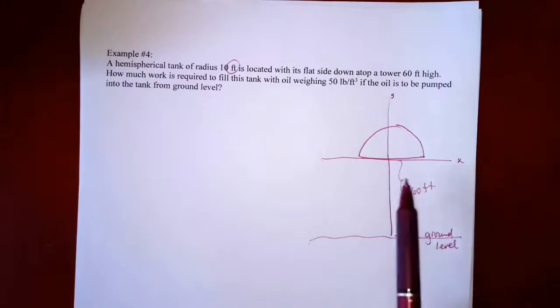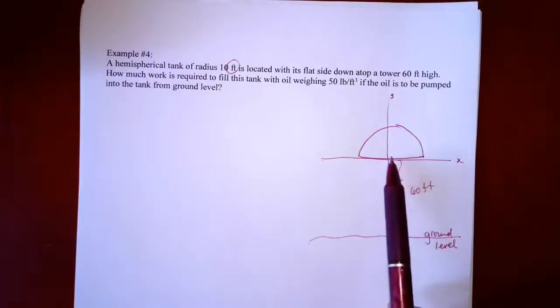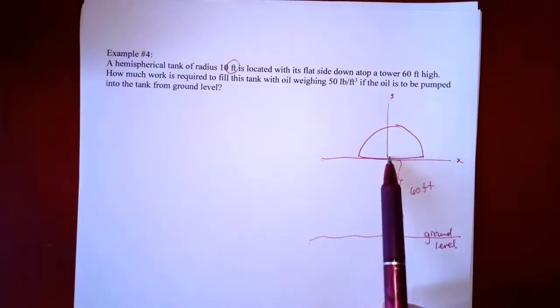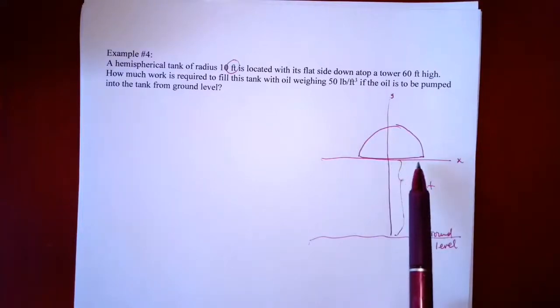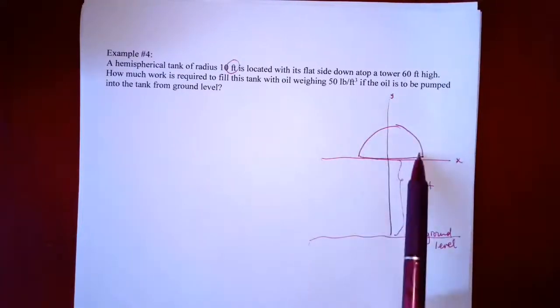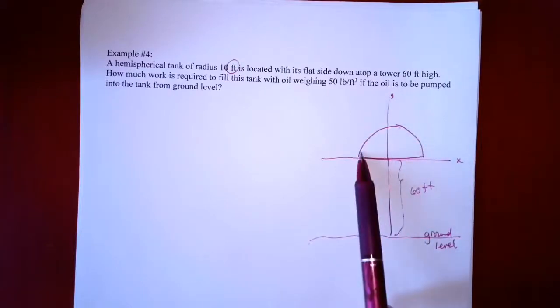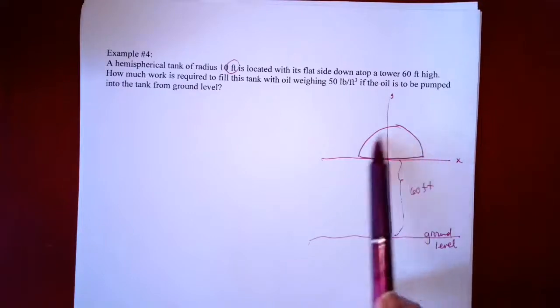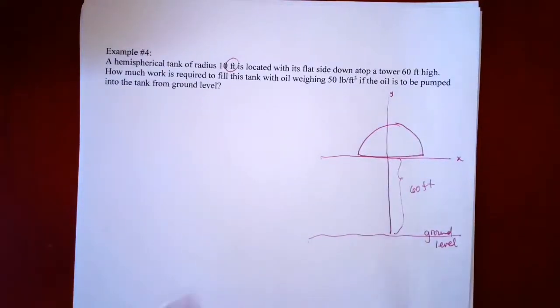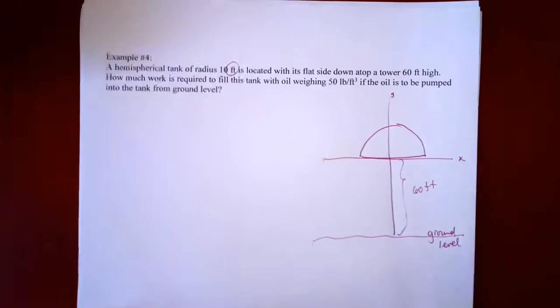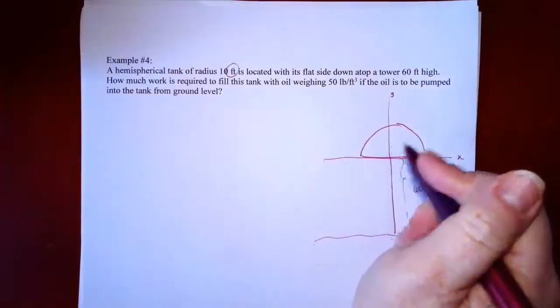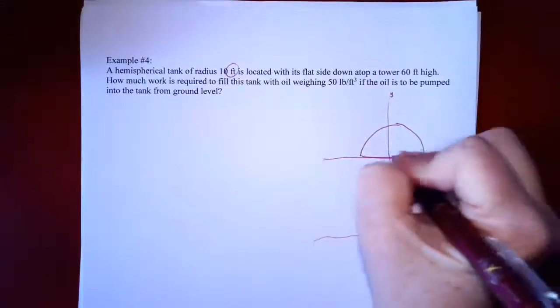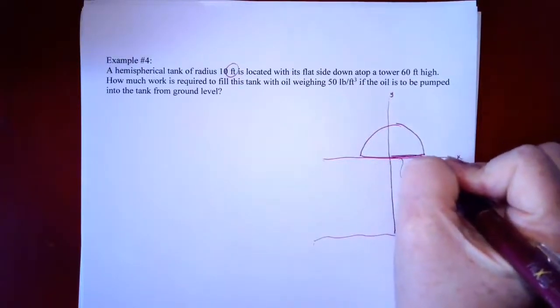The reason I put the origin at the center of the bottom of my tank is because, since this is hemispherical, the boundary is a semicircle, and circles have slightly simpler equations when centered at the origin. So I just like my circles centered at the origin, and then I move the ground up or down as needed. So the base radius is 10, so this would be the point (10, 0).